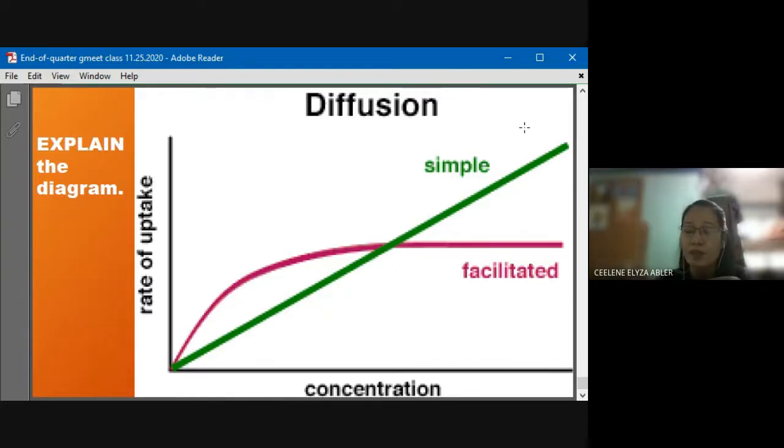That's simple diffusion. Yung facilitated diffusion natin, class, is the ones that we will be using sa osmosis natin. Although may osmosis tayo na walang carrier transports na gagamitin, pero commonly, osmosis happens in the cell natin. It will happen using facilitated transport. Facilitated na passive transport. Okay?